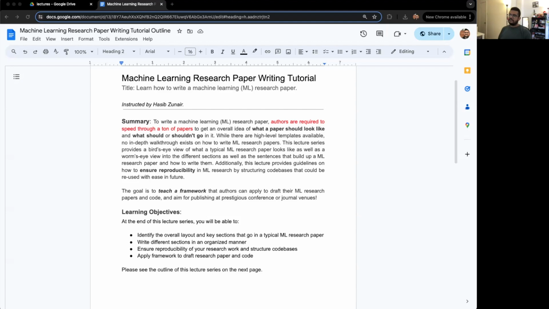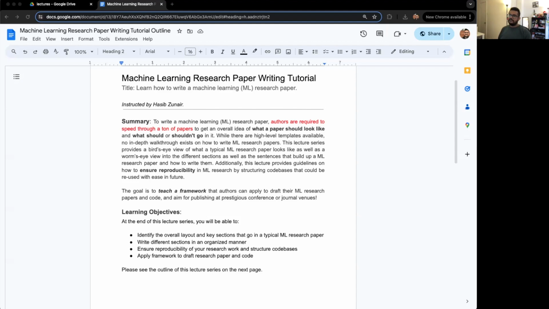I will also discuss essential guidelines to ensure reproducibility in ML research by structuring code bases that can be easily reused in future projects, either by you or your readers. That being said, there are many ways and styles to write ML papers. This is an in-depth guidance on one specific style to get you started.